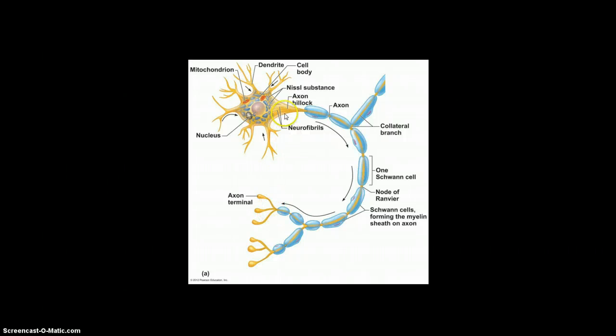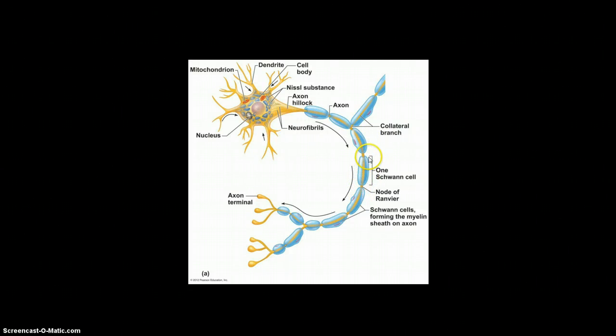You'll also notice that this axon is surrounded by Schwann cells. Schwann cells are a unique cell that has a differentiated membrane. Not the same as the general membrane you study when you study the individual general cell, but a membrane that is myelinated.